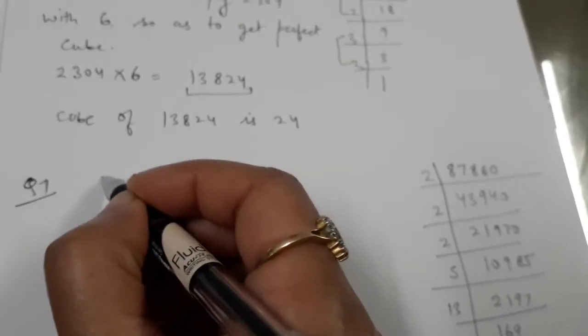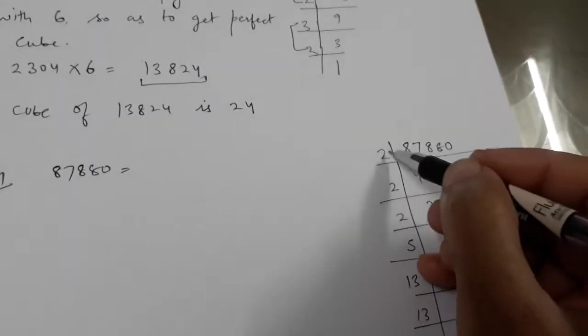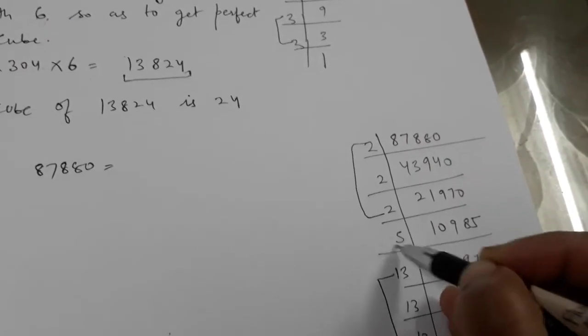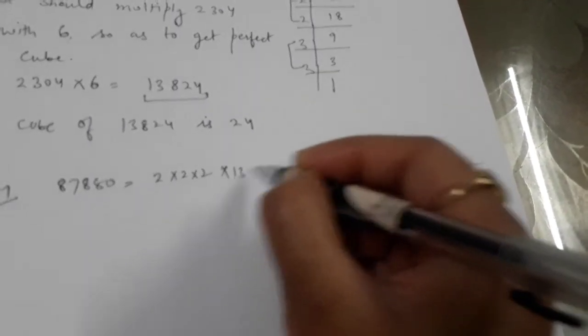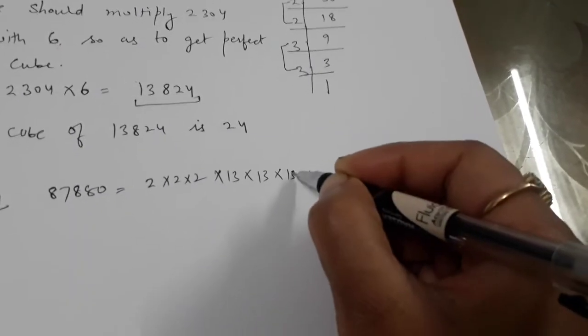So we can say the prime factorization of 87,888 is 3 times 2, 3 times 13, and 5 is alone here. So 3 times 2, 3 times 13, and 5 is single here.